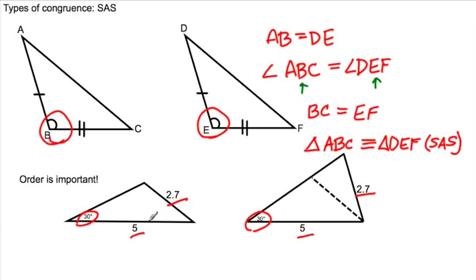Even though I have two sides and an angle, they're definitely not congruent. You can see this third side length is a lot longer, even though I have similar degrees. So in this case, the two triangles may not be congruent. This would be, for example, an angle-side-side, and we can't have that. That does not work as a type of congruence.